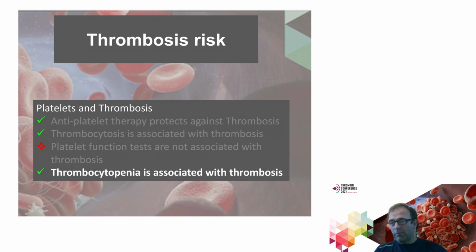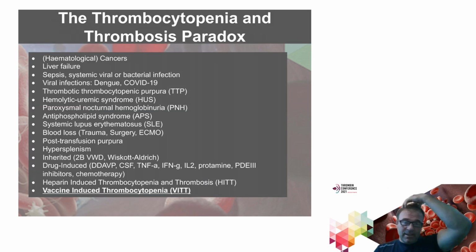Well, one remarkable finding is that most diseases which have the complication thrombocytopenia also have a high risk of thrombosis. And this combination is at least conflicting. So this seems to be a paradox, because thrombocytopenia means low platelet count, and everybody would say low platelet count is associated with an increased bleeding risk.